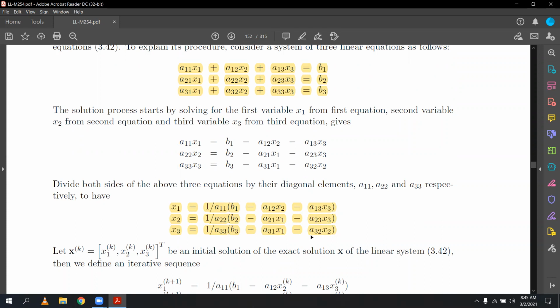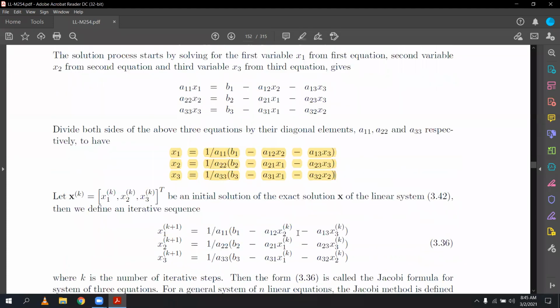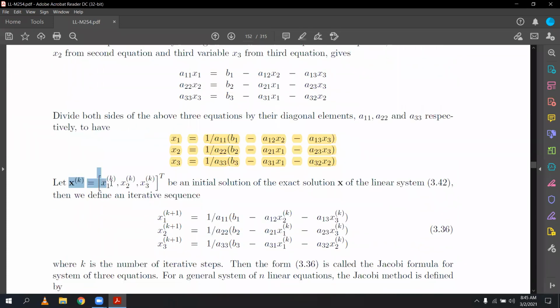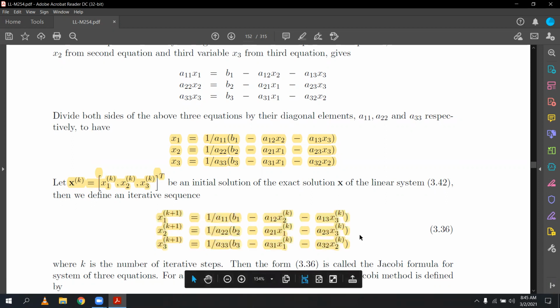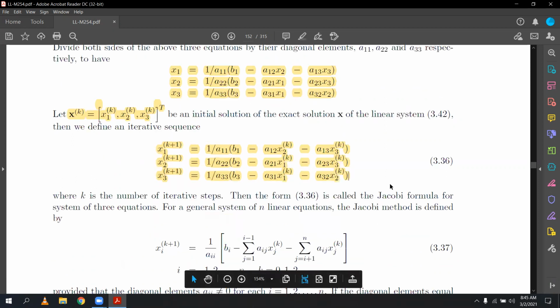Now, because we need an initial approximation to start, this is the initial approximation given by the teacher. And that initial approximation we use in the right-hand side. When we use it in the right-hand side, we have a new approximation in the left-hand side, which is this shape here. And this formula is very simple. It's called the Jacobi iterative formula for the system of 3 linear equations.